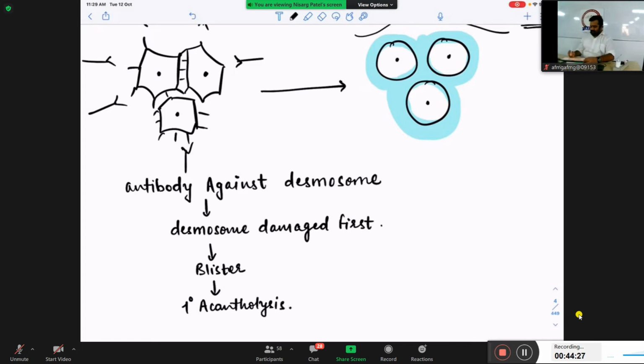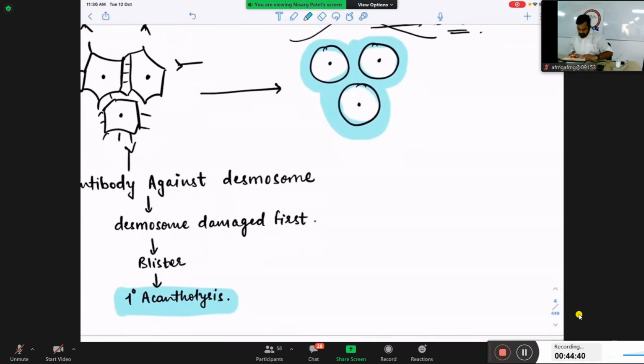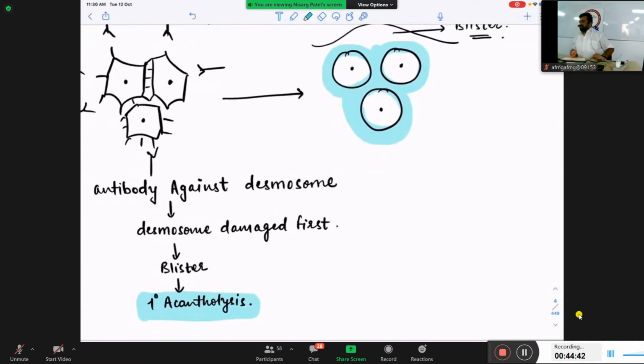This is the primary acantholysis. So I will see acantholysis in all the diseases in which there is an antibody against the desmosome.